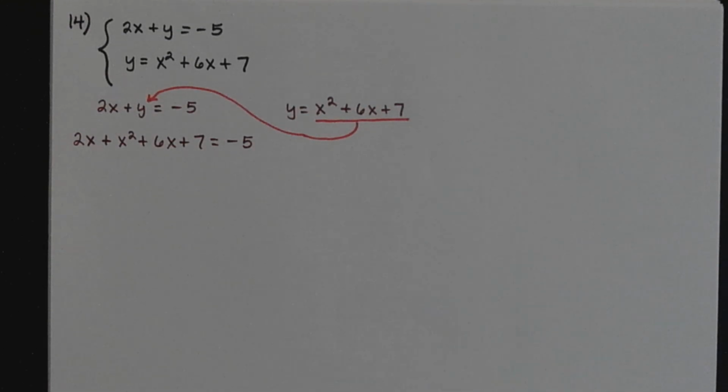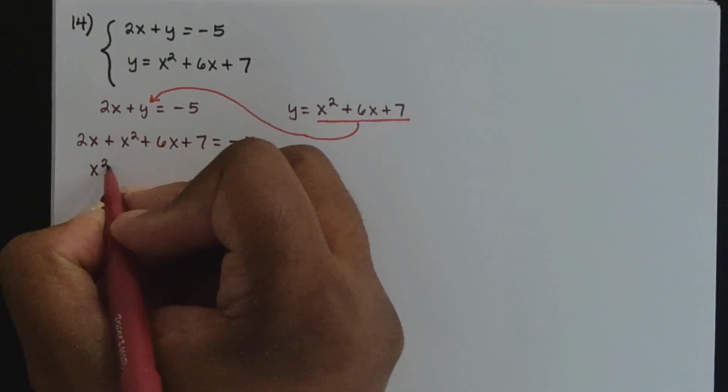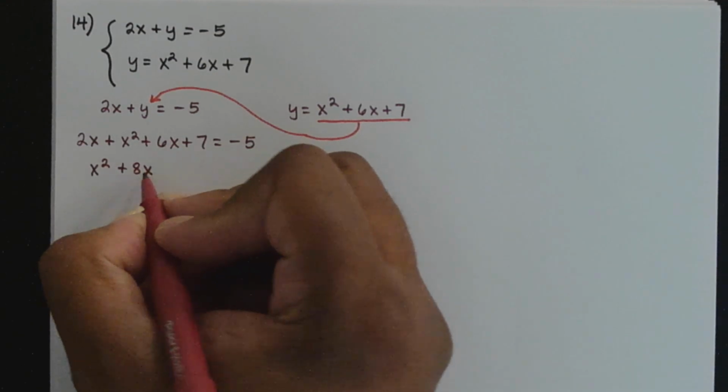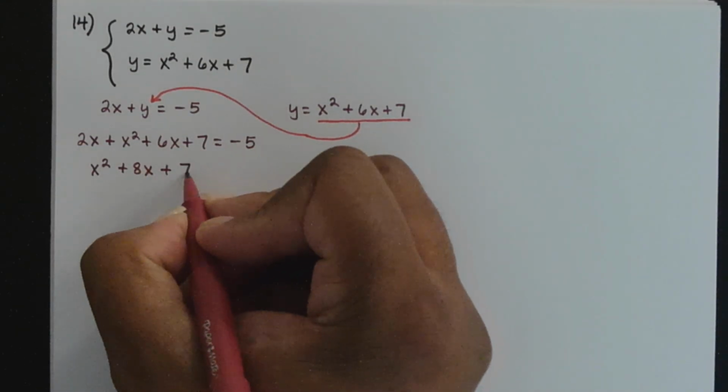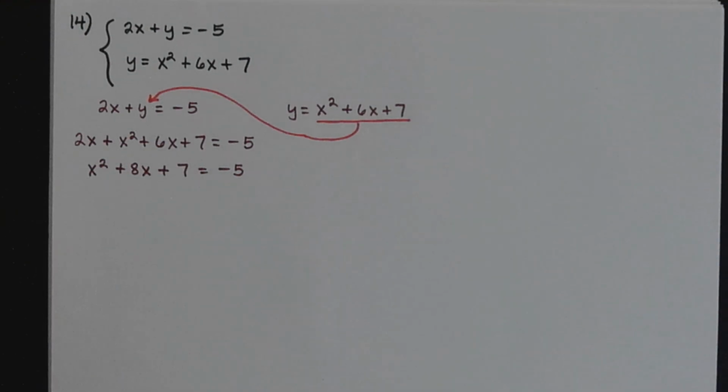And now let's combine some like terms. And I'm also going to put this in descending powers on the left-hand side. I'm going to put the x squared first. What's 2x plus 6x? 8x. So I got x squared plus 8x plus 7 equals negative 5. Now I have a quadratic equation. That means I need to put a 0. I have to have a 0 on one side of this equation.